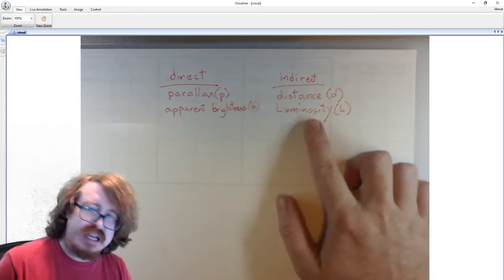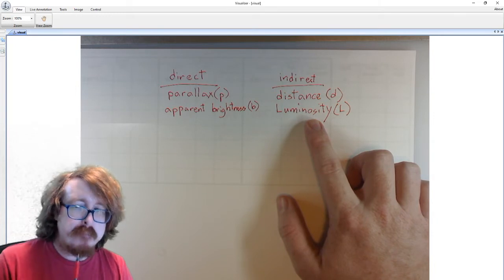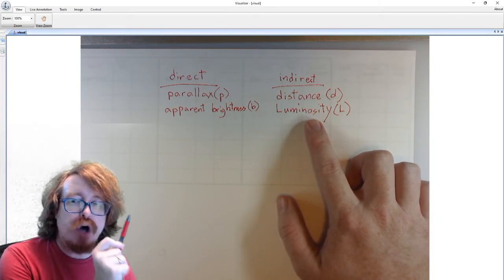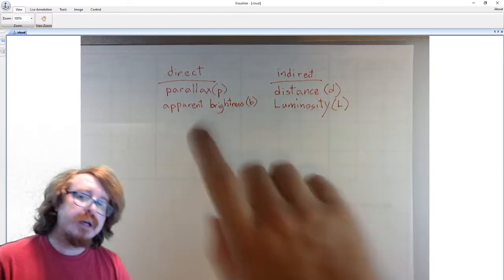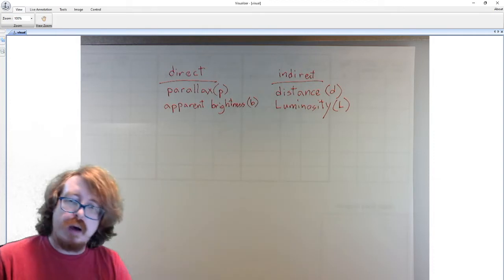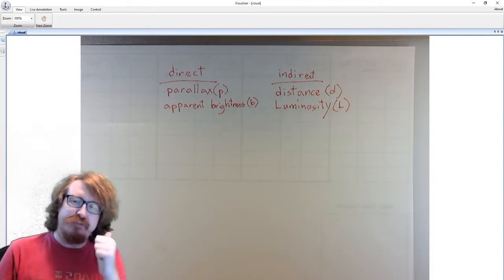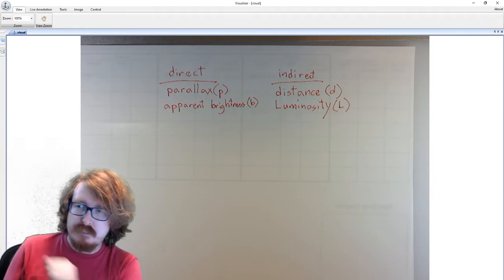Because if the luminosity of a star is higher, if it makes more light per second in all directions, what will that do to the apparent brightness? If the luminosity is higher, what happens to the apparent brightness?